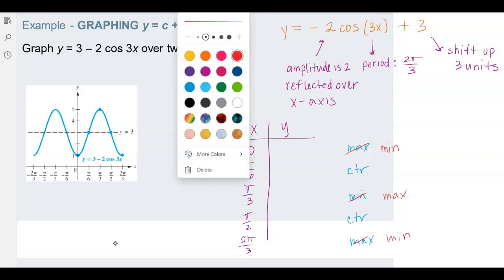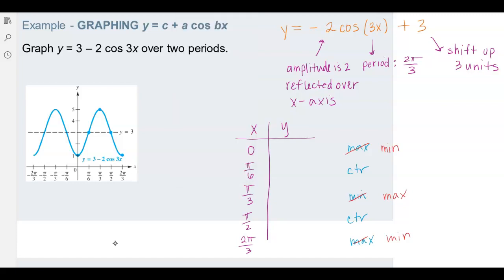Now, normally those values would be 0 for the center. Minimum is going to be at -2, remember, because of the amplitude. Maximum at 2, minimum at -2. Okay, notice I've written them off to the side. So what I've done is I've taken the reflection into account here. This is where we look at the reflection. And then this is where we looked at the amplitude.